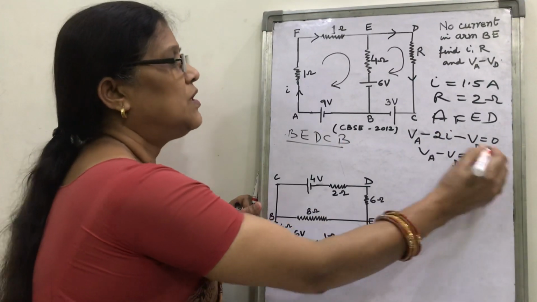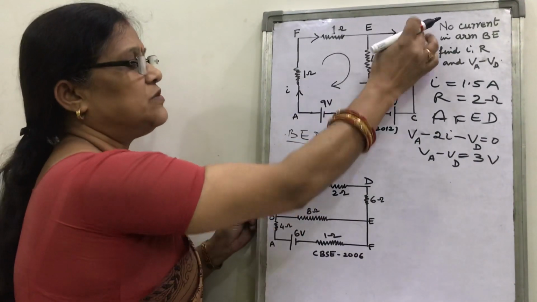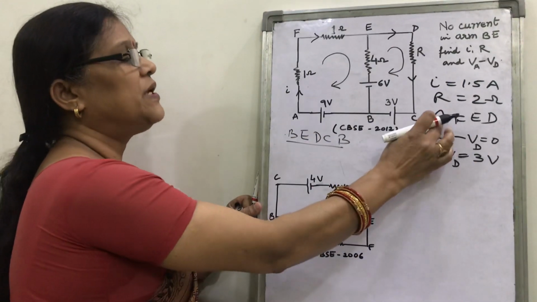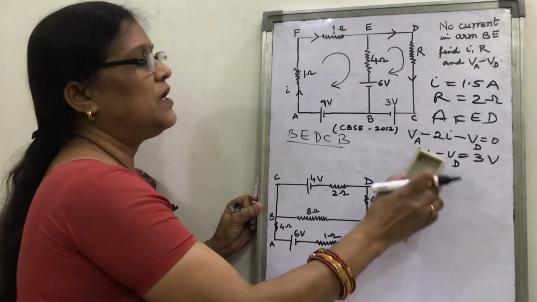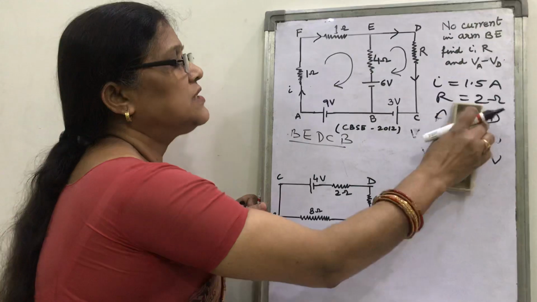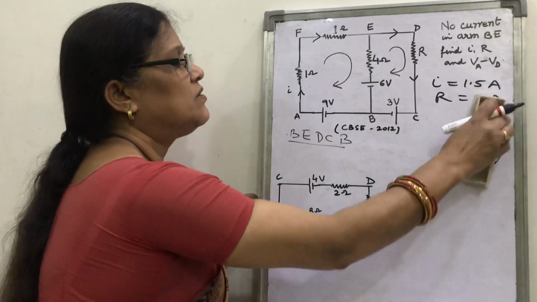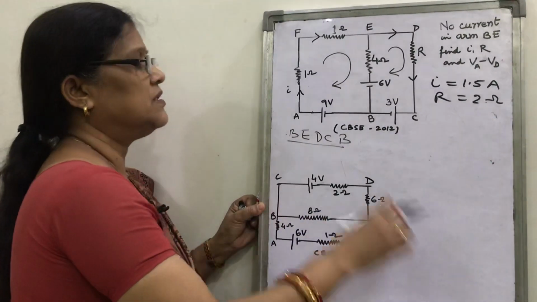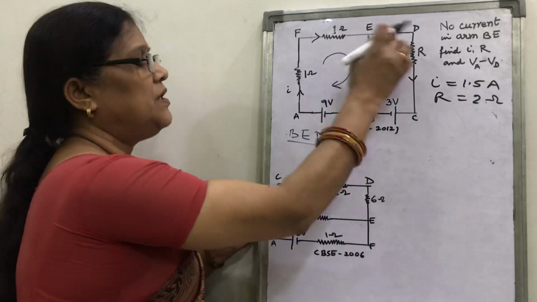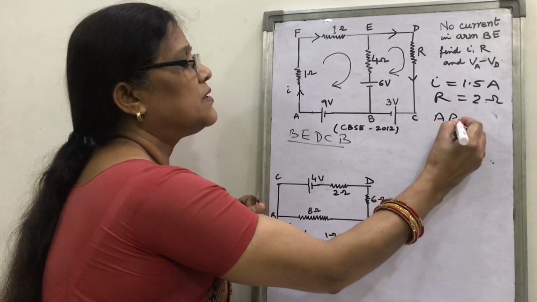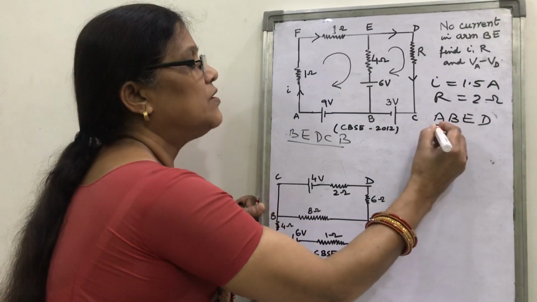So you got the value of VA minus VD as 3 volt from which path? AFED. Similarly, I can give you the next path. By considering the next path, you will get the same result. Suppose ABED. So through the path ABED, how will you find the VA minus VD?